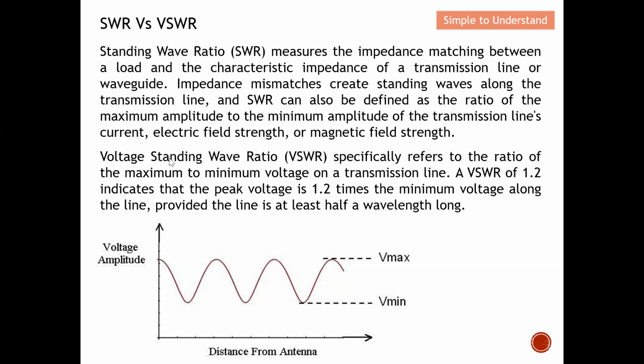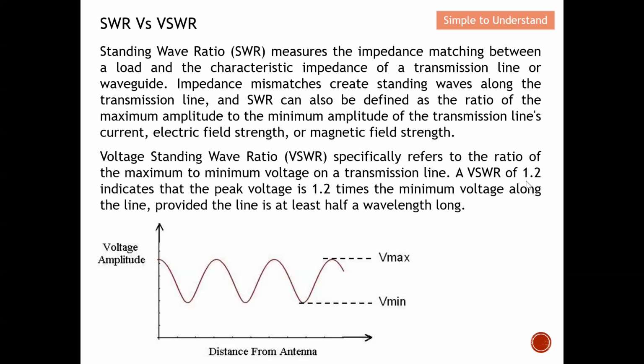Voltage standing wave ratio, VSWR, specifically refers to the ratio of the maximum to minimum voltage on a transmission line. So voltage standing wave ratio is described using the maximum voltage to the minimum voltage on a transmission line.